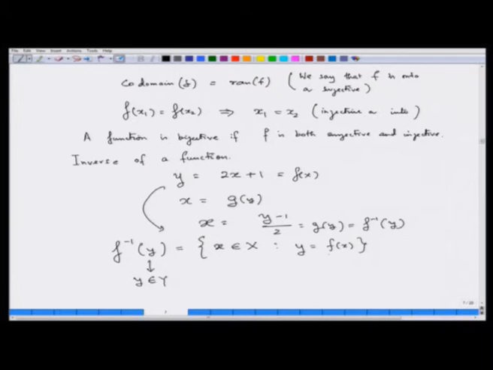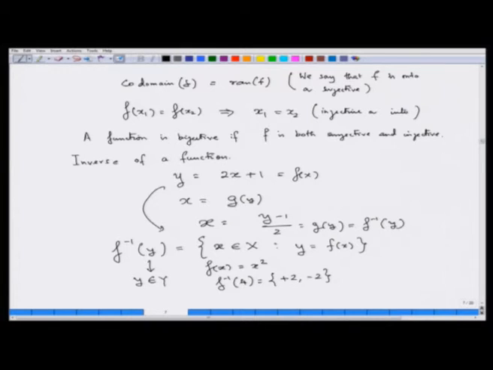If I take the function f x equal to x square and I take f inverse of 4, then this set consists of 2 elements, plus 2 and minus 2. So, f inverse is really not a function, because for a single element 4, I have 2 outputs, plus 2 and minus 2.